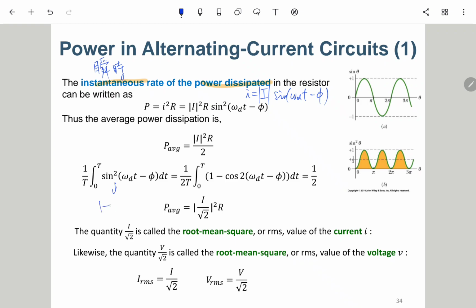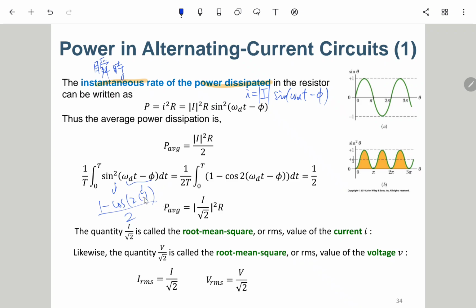Okay, so this one turns out to be 1 minus cosine 2 of this thing, and then over 2. This is the trigonometry identity: sine squared turns out to be 1 minus cosine 2 times this argument, all divided by 2. For this part, 1/2 integrated from 0 to T becomes 1/2 of T, and finally divided by T, it turns out to be 1/2.